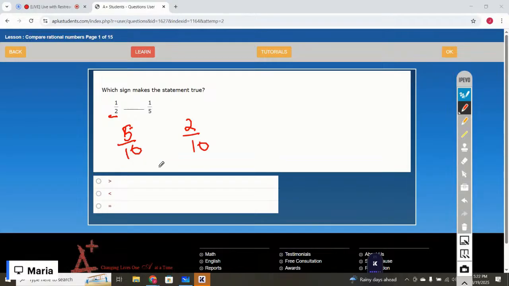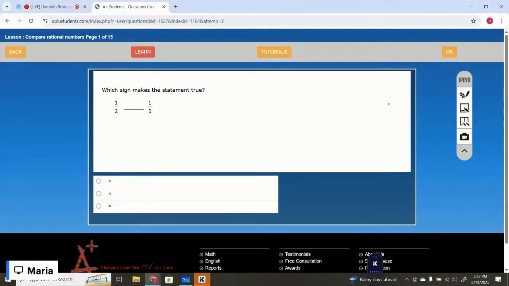So they both have exactly the same denominator. 5 by 10 is greater than 2 by 10. Greater it is. Option number 1 is the correct option.